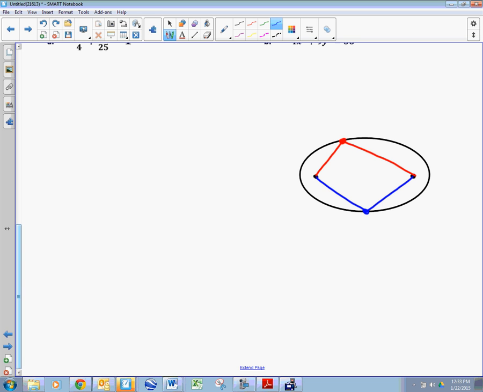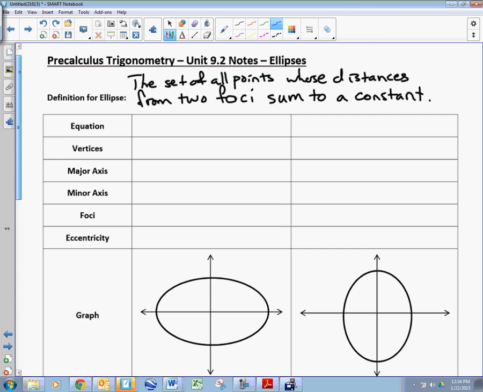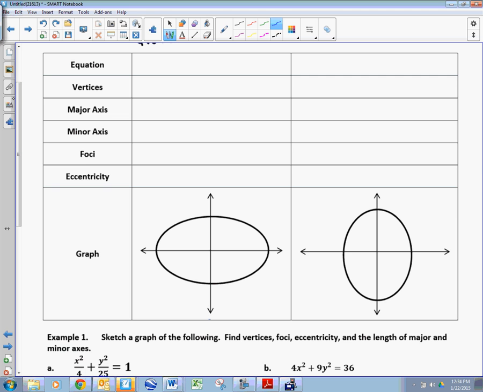They would add up to the same amount. That's the definition. Are you going to have to reduplicate it? No. Do we actually make those in order to draw it? No. Ellipses are by far the easiest shape to draw when it comes to conic sections.